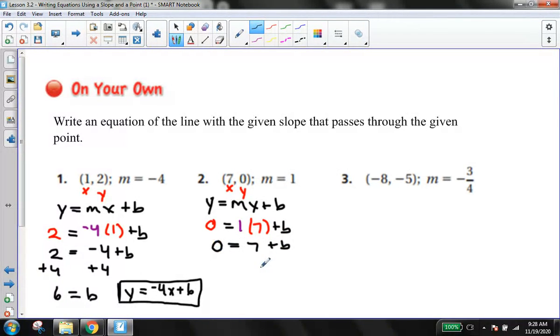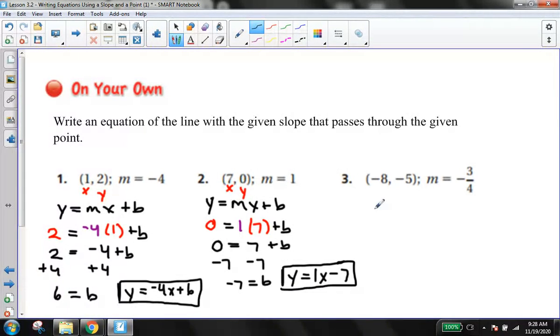I'm solving for b, so I'm going to subtract 7 from both sides. 0 minus 7 is -7. So the y-intercept is -7. So the equation will be y equals, see my slope is 1, so 1x minus 7 would be the correct answer, or y equals x minus 7 would be the correct answer for question number 2.